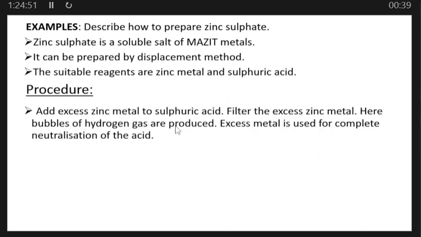Here it was supposed to be dilute, guys, sorry. Name the gas that was produced. That's how they trick you. The gas is already mentioned: hydrogen gas. Then they may ask you, why was the excess zinc metal used? You say excess zinc metal is used for complete neutralization of the acid.